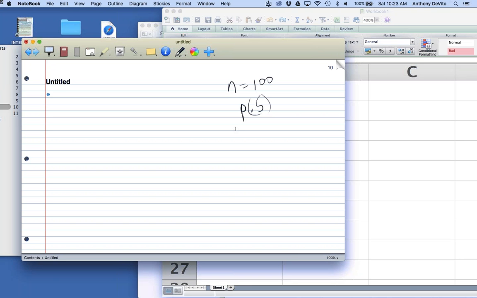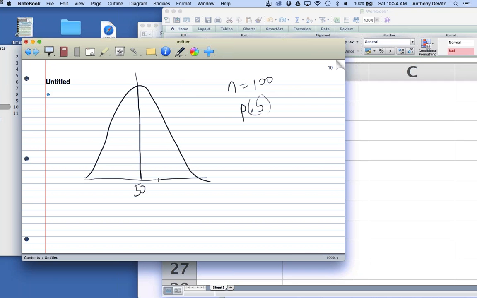Probability of this outcome is 0.5. So if I were to do this over, and remember that Galton machine, where it could go either direction, but it's usually 50-50, like just flipping coins. I would expect that if I were to do this many, many times, and then graph the outcome for all of these trials, I would get most of them in the middle, about 50 heads when I toss a coin 100 times.